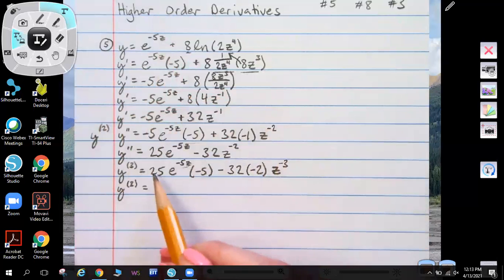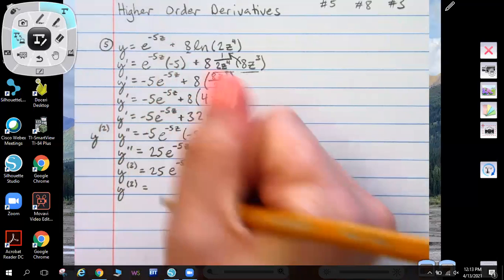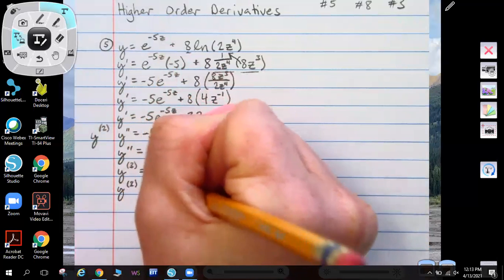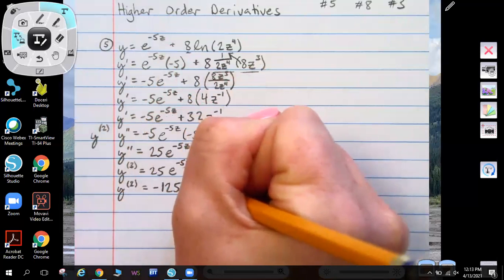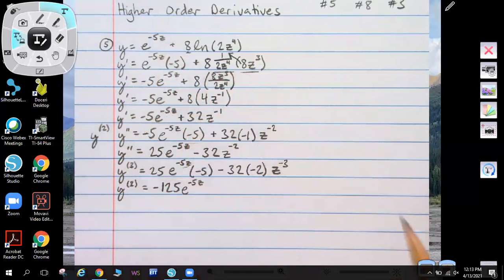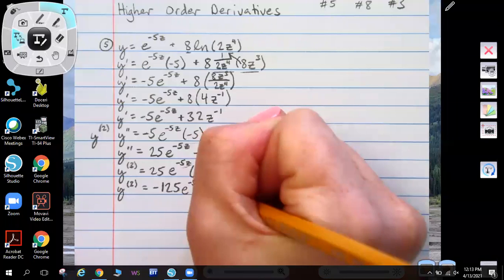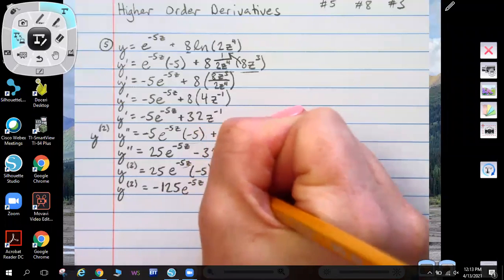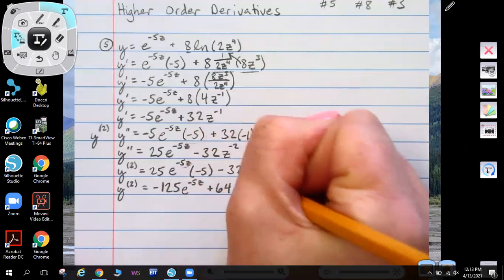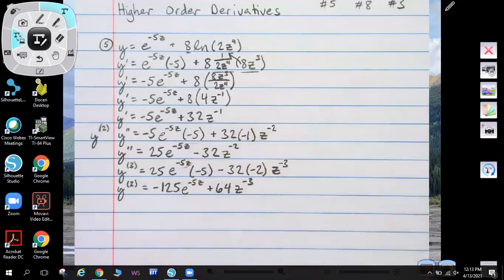So we're going to multiply 25 times negative 5, negative 125. And negative 32 times negative 2 is positive 64. And now we just have one more to do.